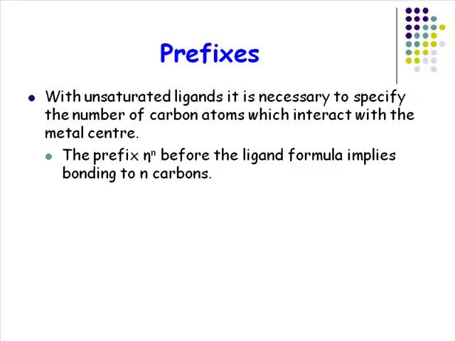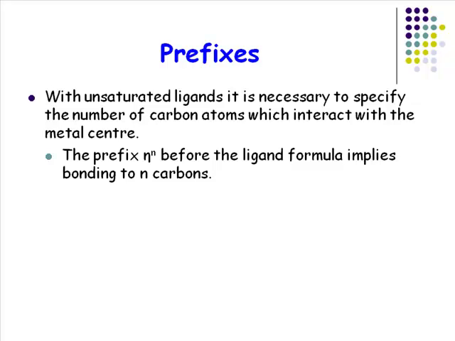This number of atoms bonded to the metal is also called the hapticity. So you may well encounter the word hapticity, and the hapticity of a ligand is the number of carbon atoms, or in some cases others, but we're doing organometallic chemistry, so the number of carbon atoms bonded to the metal. So the hapticity of a cyclopentadienyl ligand is normally 5.